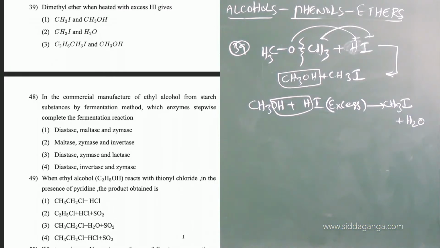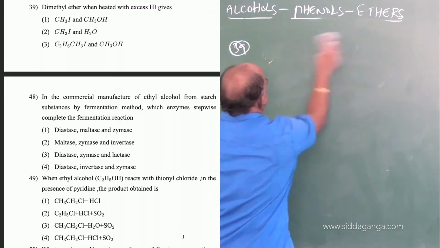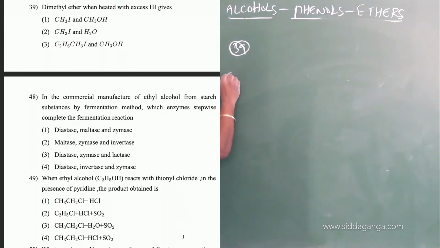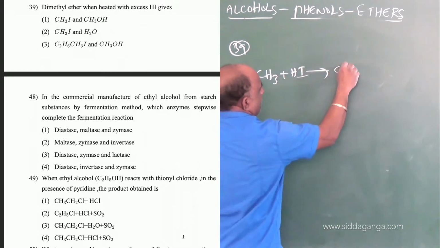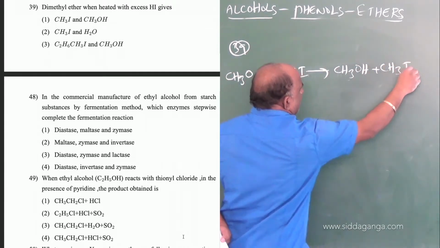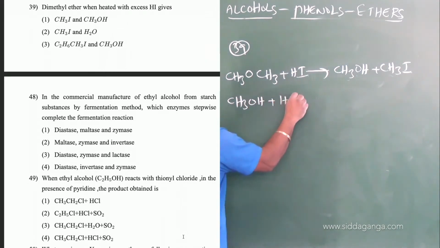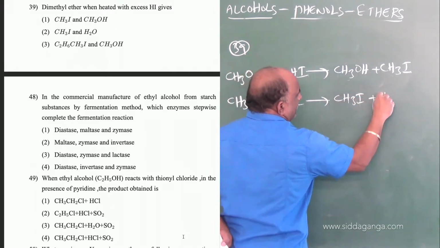We should write these equations in a simple pattern. We should write like this: CH3OCH3 plus 1 mole HI gives CH3OH plus CH3I, and in the second step CH3OH plus again 1 mole HI gives CH3I plus H2O.